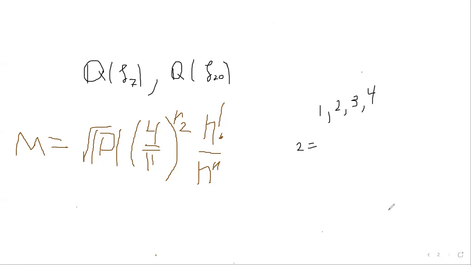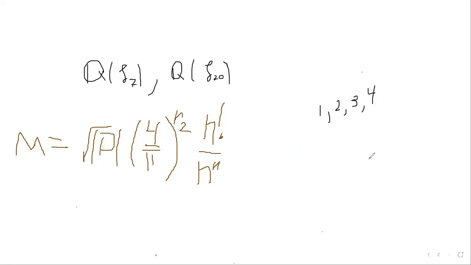Sorry, I was trying to show that there are no elements of norm 2, 3, and 4 in this field.